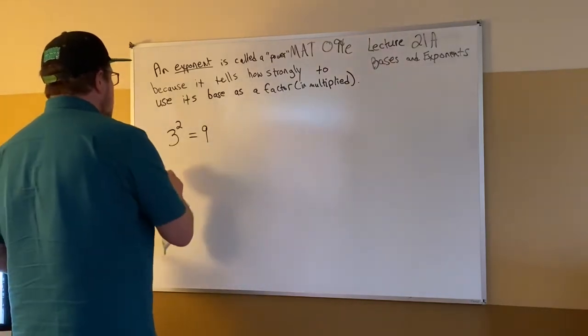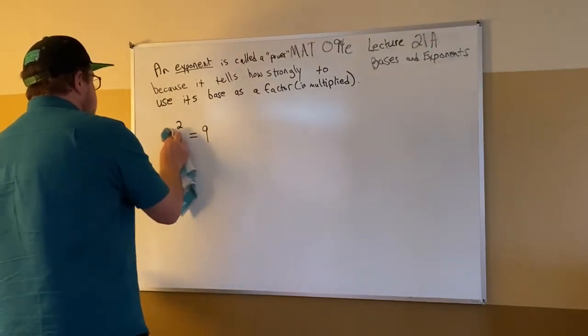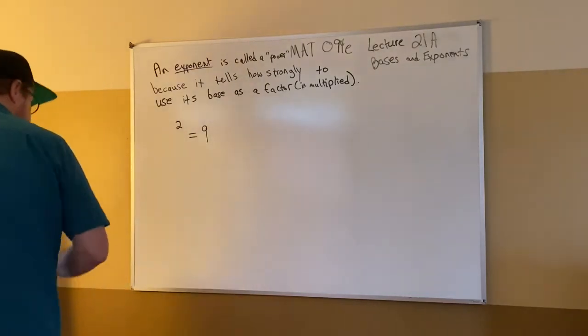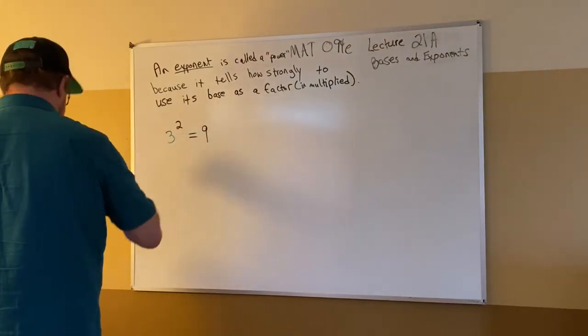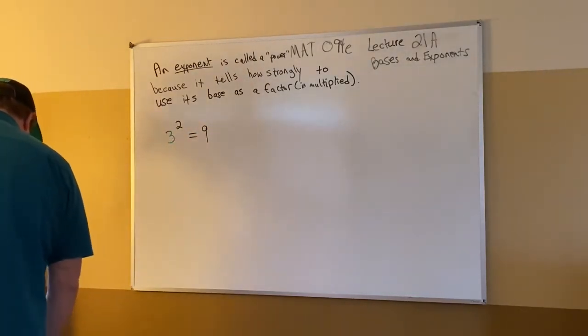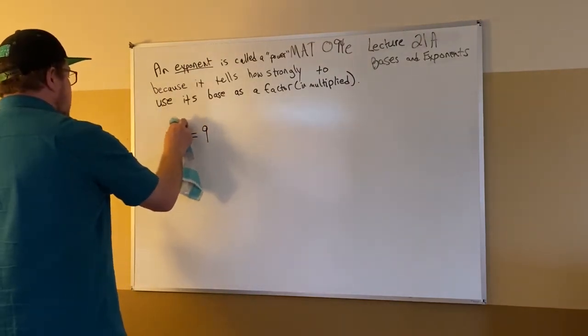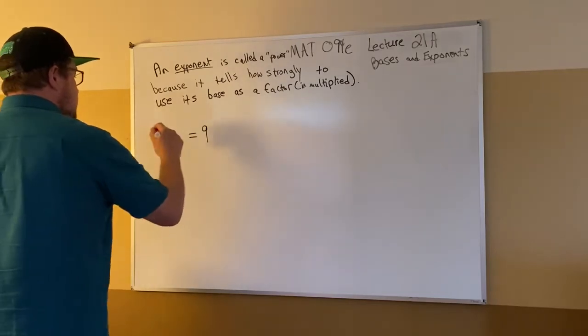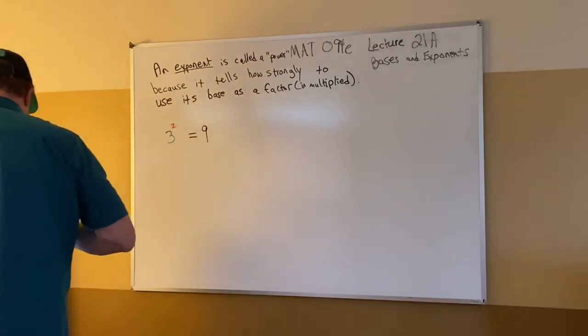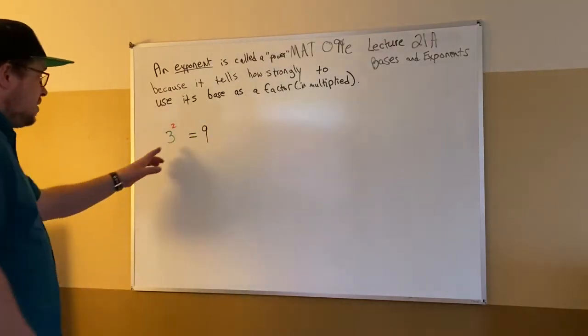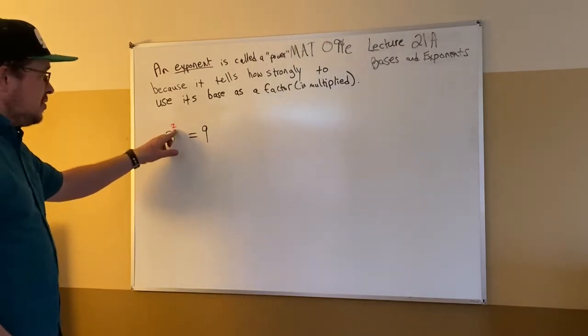So now, what I want to do is get my base to be what I start with. So since I start with that, let's go with the green. Let me put this in red. The exponent is our power right now, but really it's in the position of the exponent, and it's telling you how strongly. We're looking at using 3's. How many 3's are we using? 2.